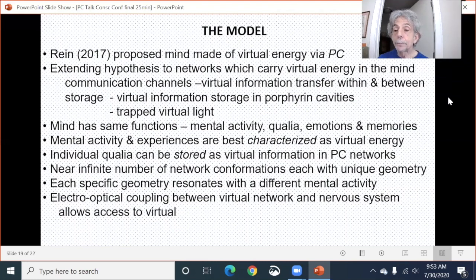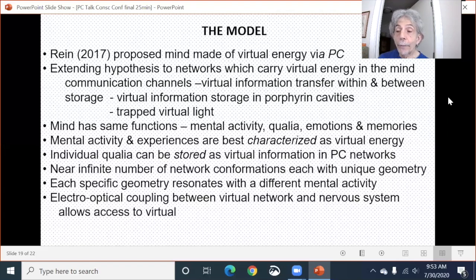So, what we'd like to do here is extend the hypothesis of that original model and talk about the networks in a little more detail, and how the networks can carry virtual energy, and that there are communication channels which allow the transfer of virtual information within a particular phase conjugation porphyrin network and between networks.